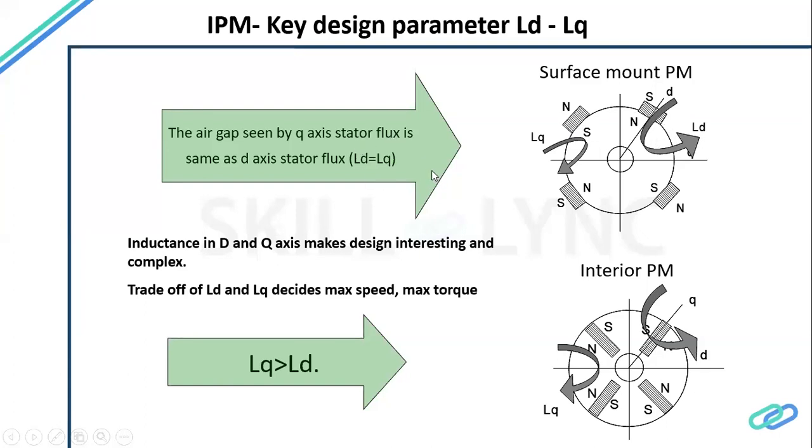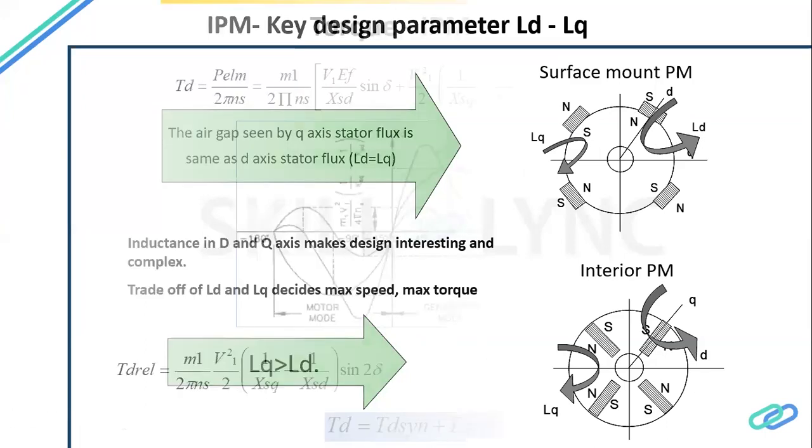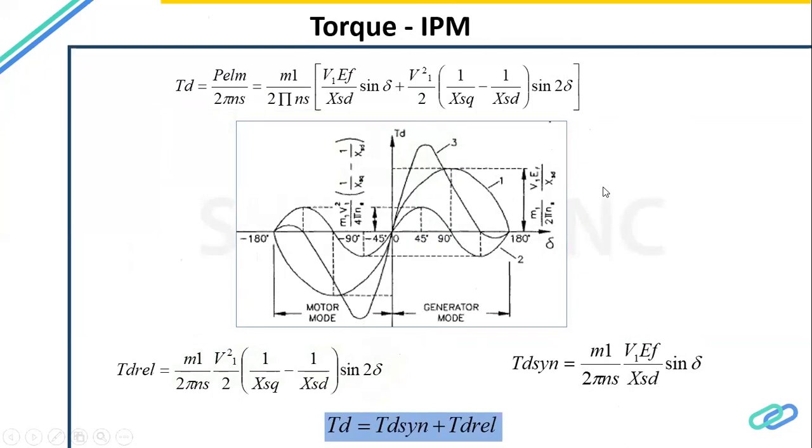But the real advantage of having this saliency, or inequality of LD and LQ, is that it gives an additional, surplus torque. So there are two parts: the reluctance torque and the synchronous torque. The reluctance torque comes from the difference between LD and LQ, and that is where it becomes a higher torque density design.